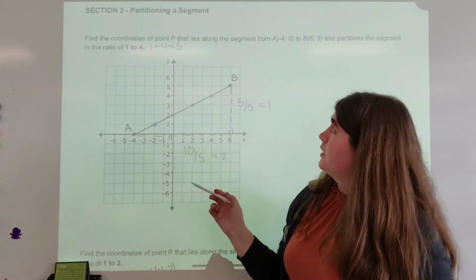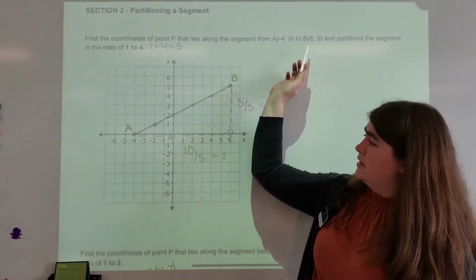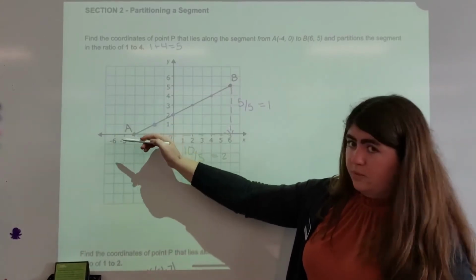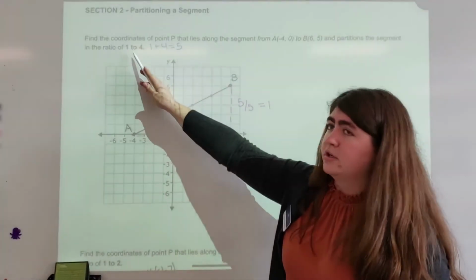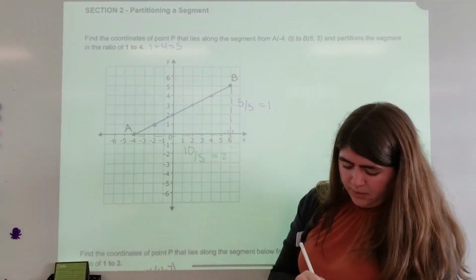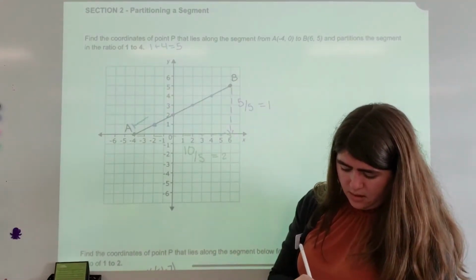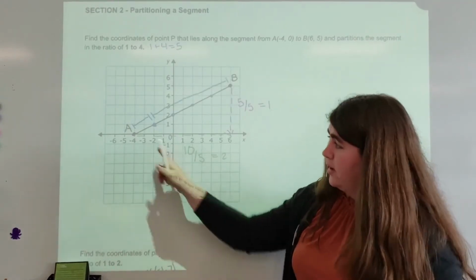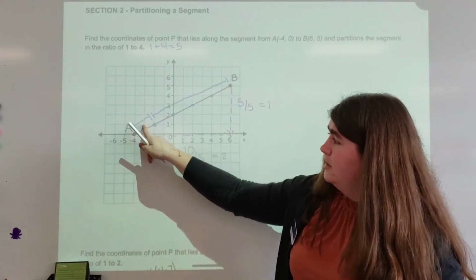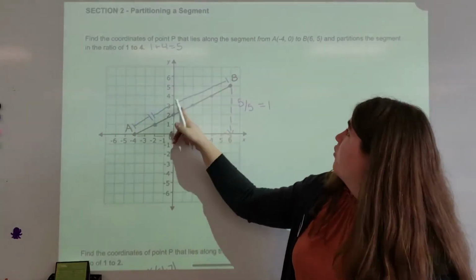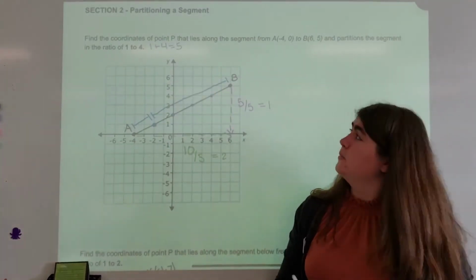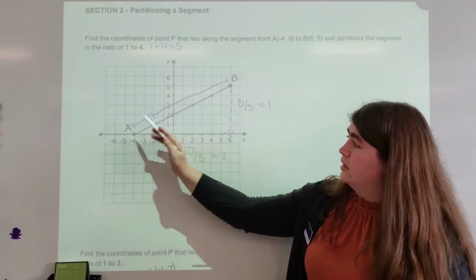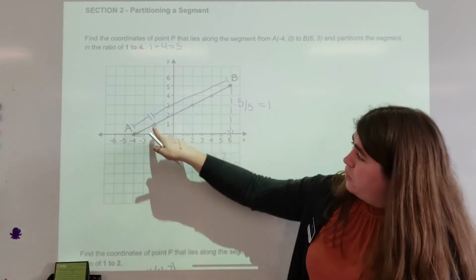If I'm going from A to B, that means I'm starting at A and I'm going left to right because I'm going from A to B, ratio of 1 to 4. That means that I need to split from A to B in a ratio of 1 to 4. So I kept 1 segment for A and 4 segments for B, which means that the point P that I was looking for that splits this line into 1 to 4 is this point right here.